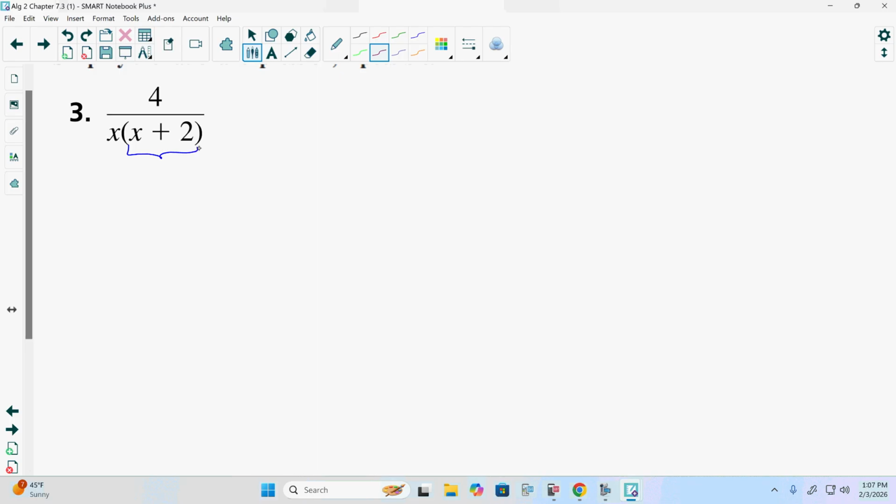There's no way to break that 2 out of that with what it is. So there's no way to simplify the 4 on top with this 2 on bottom. There's nothing to simplify. It is simplified.